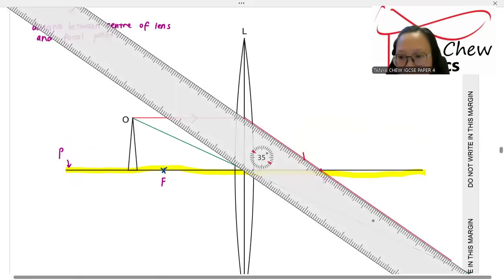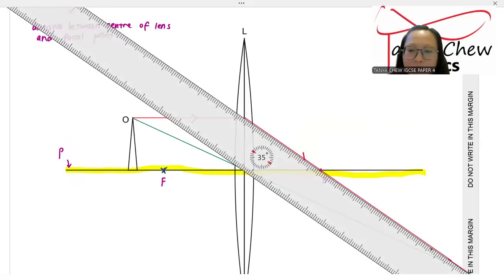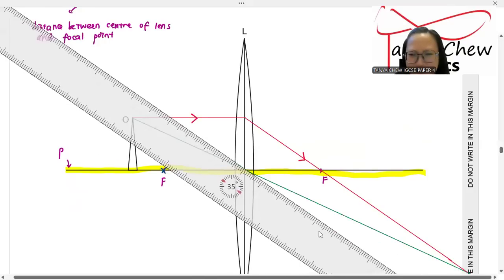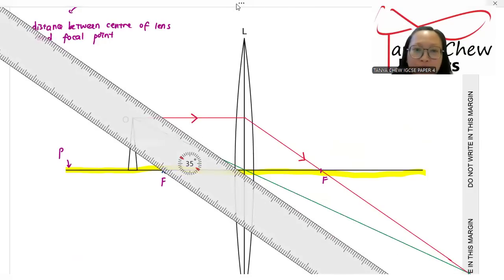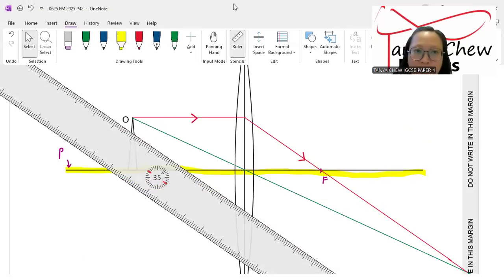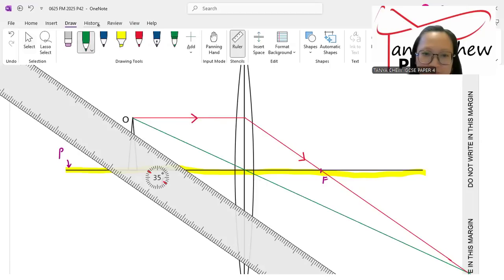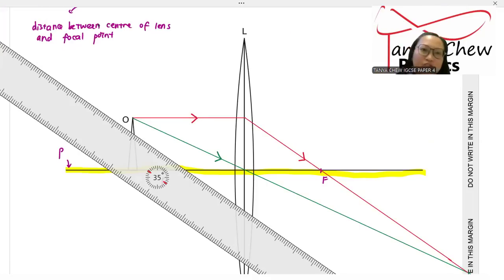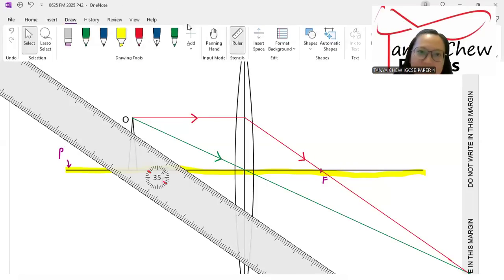Just a bit longer right here. So you just assume that this is a straight line. And the third ray, oh, forgot, you have to draw the arrow. All you need is just these two rays. The third ray is extra.